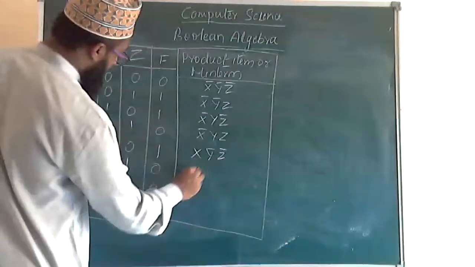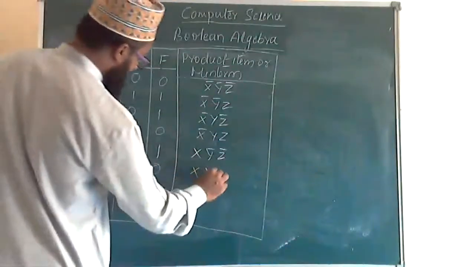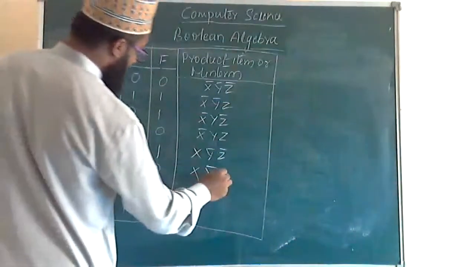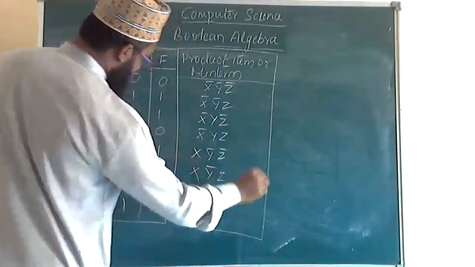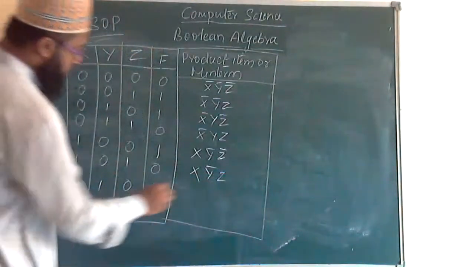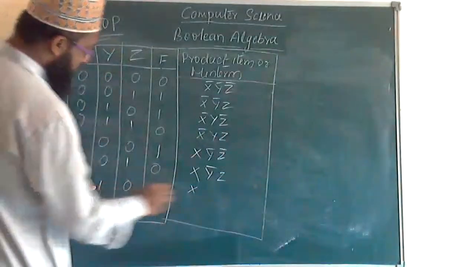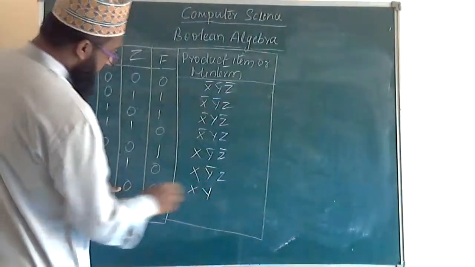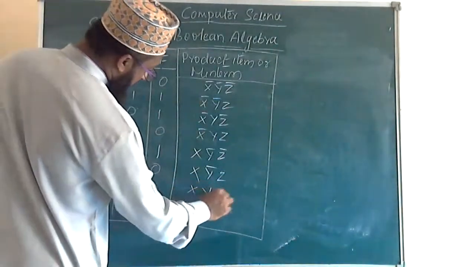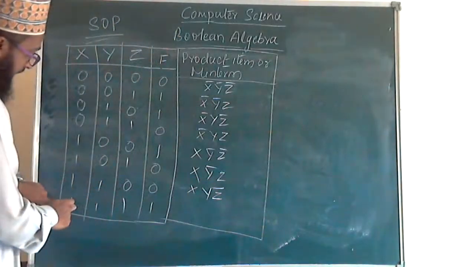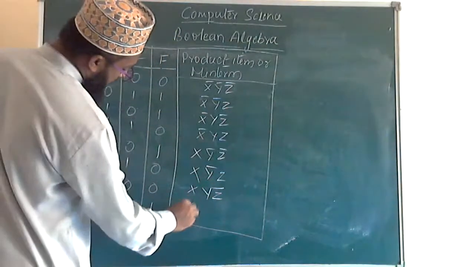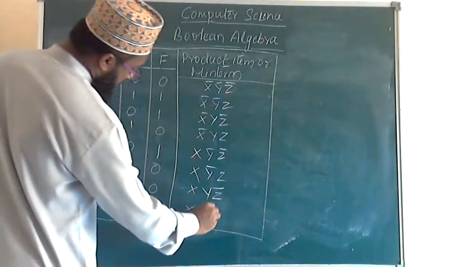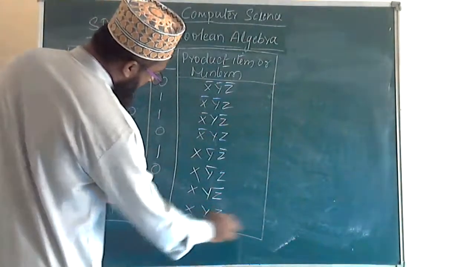Here x value is 1, write as it is, y value is 0, put a bar, then z value is 1, write as it is. Here x value is 1, write as it is, y value is 1, write as it is, z value is 0, then put a bar. X value 1, write as it is, y value 1, write as it is, z value is 1, write as it is.